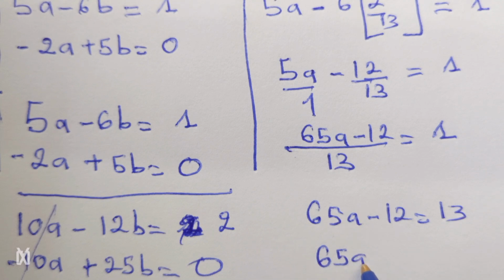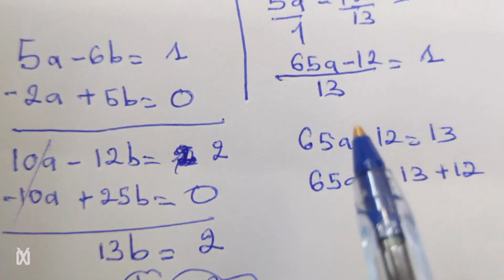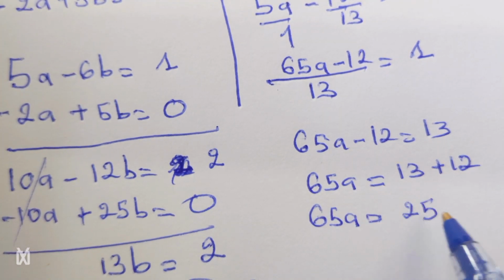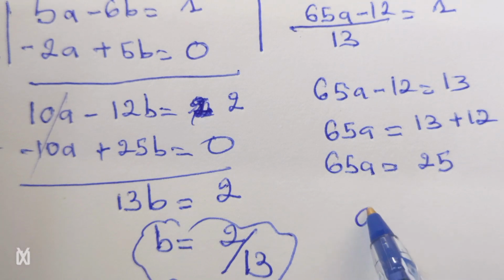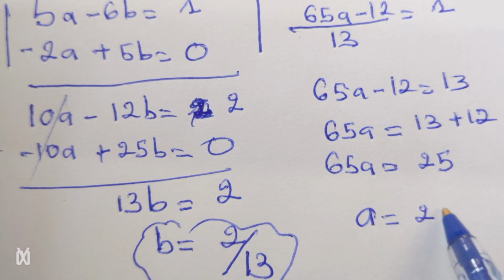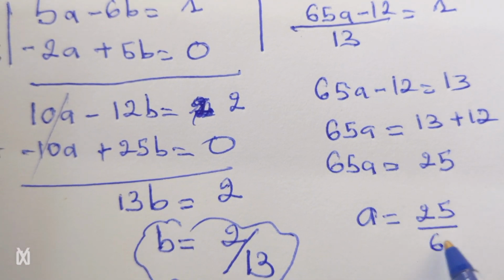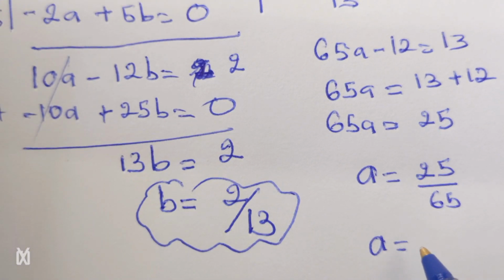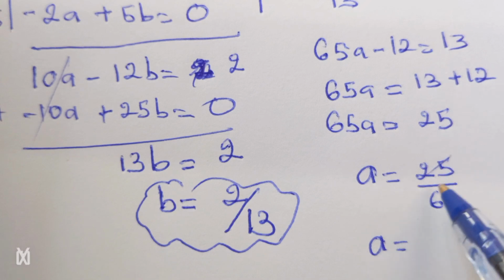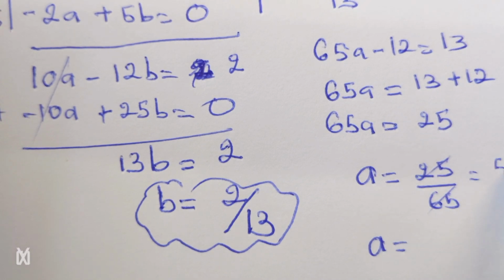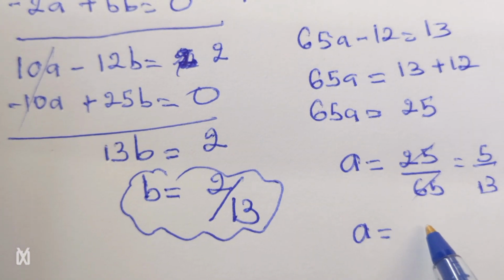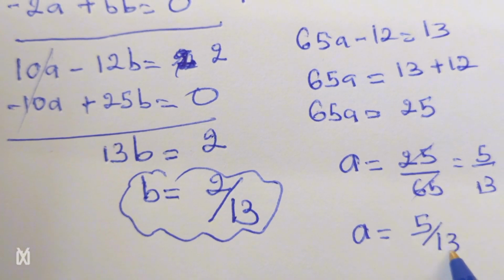Then 65a will be equal to 13 plus 12, then 65a will be equal to 25, and then a will be equal to 25 over 65. By simplifying, dividing by 5 and by 5, we get 5 over 13, so a is equal to 5 over 13.